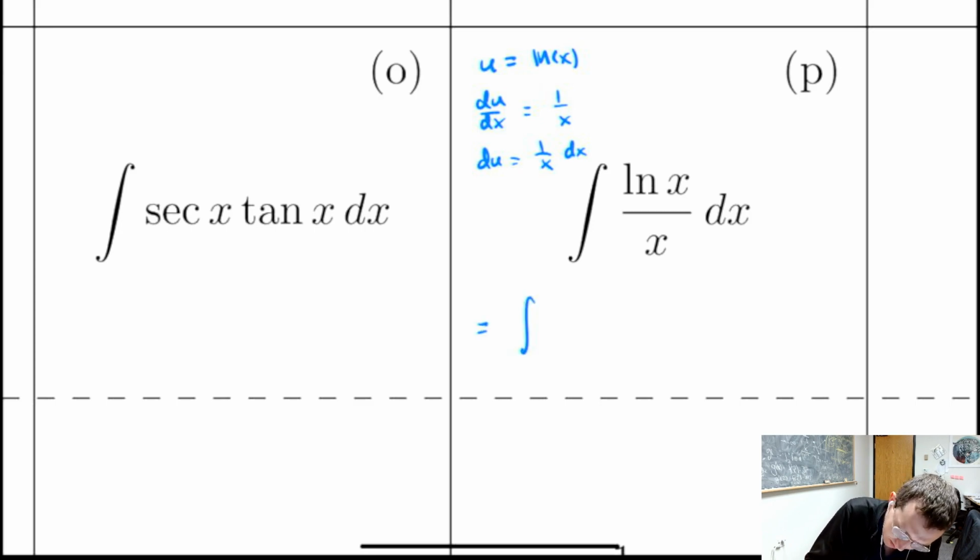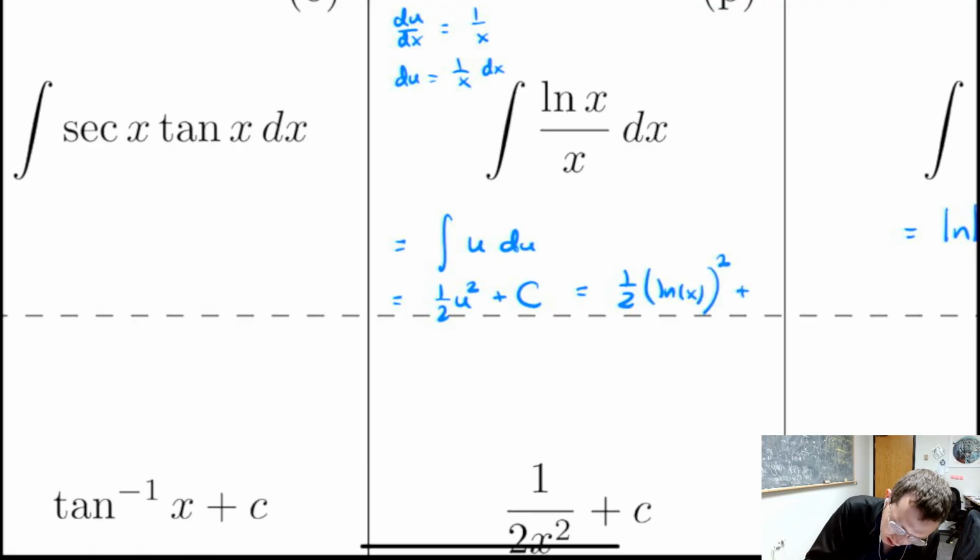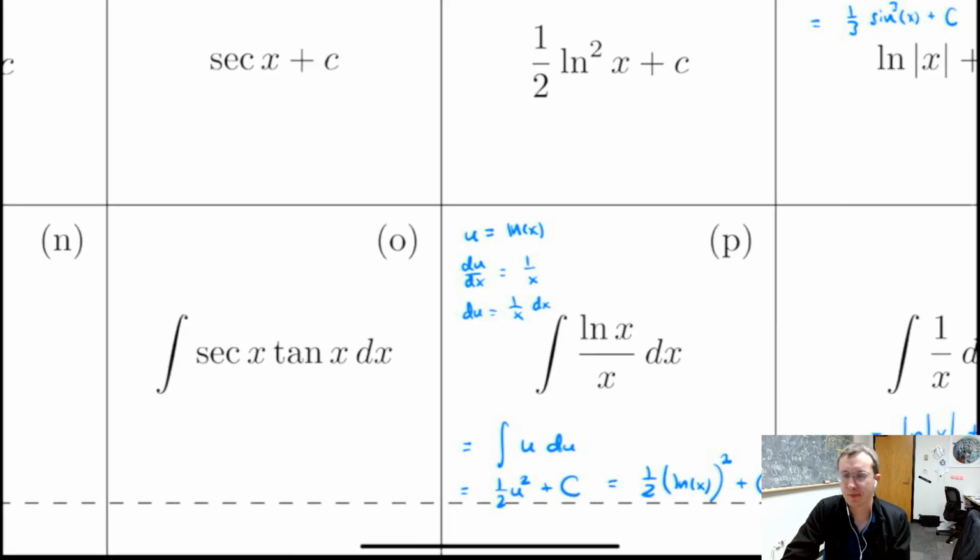So the ln of x gets replaced with u, and the dx over x gets replaced with du. The antiderivative of u is 1/2 u squared, and we end up with 1/2 ln of x squared plus c.